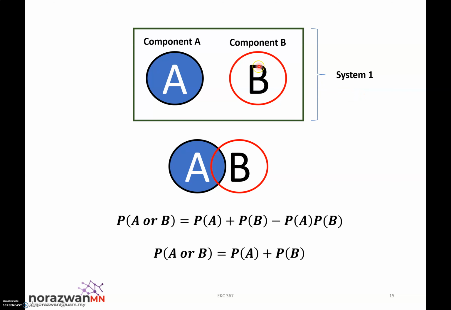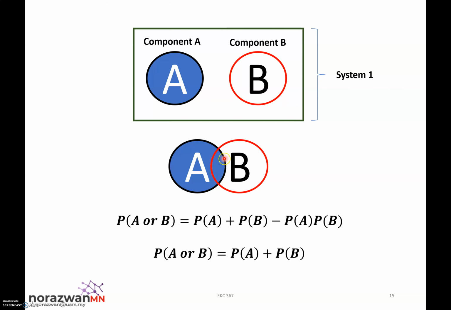But if component A and component B are related through the parallel interaction, component A and component B must fail simultaneously so that system 1 will fail. So if A and B are connected in parallel, the overlap area here is the probability of the failure of system 1.